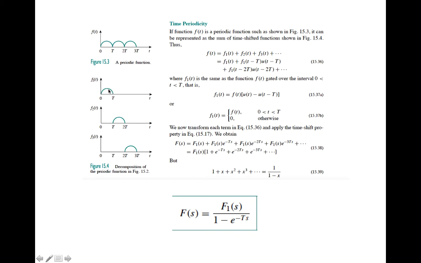In other cases, it might be a rectangle or a pulse train or a triangle wave. So F1 of s is the transform of the individual function that occupies a single period. T is the period, and so then F of s would be the transform of the original function f of t.